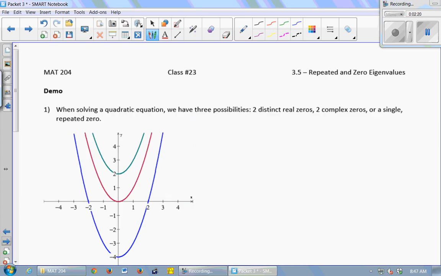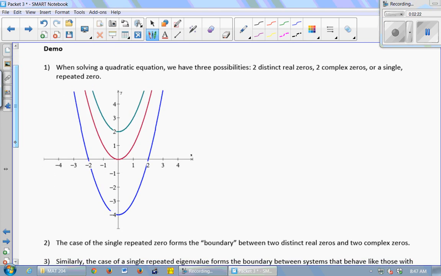And it turns out that the single repeated 0 is like a boundary. This blue graph here is a quadratic function. It's got 2 real zeros. And as you move it up, there's a moment where it has 1 repeated 0. And then after that, it has 2 complex solutions, no real zeros. So this red graph is like the boundary between 2 real solutions and 2 complex solutions.